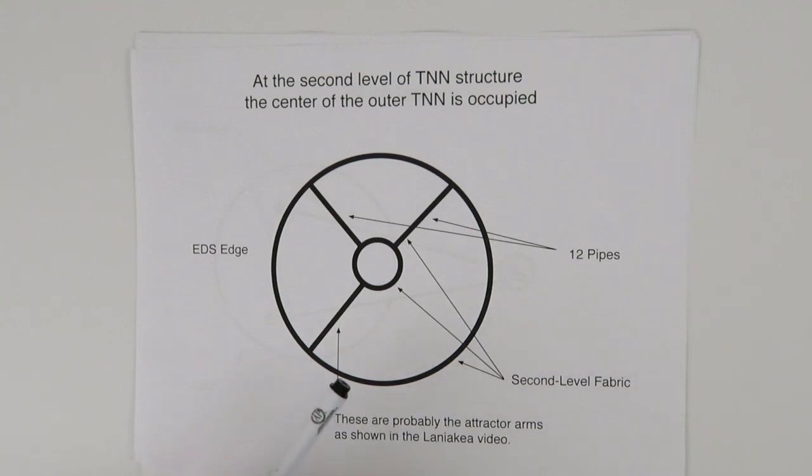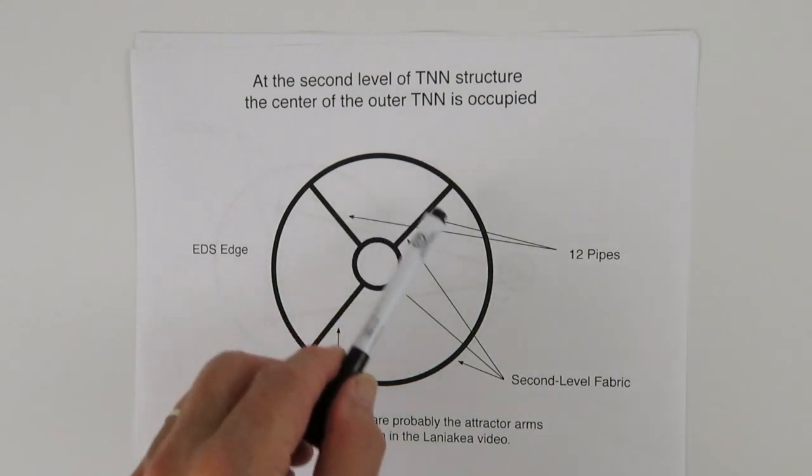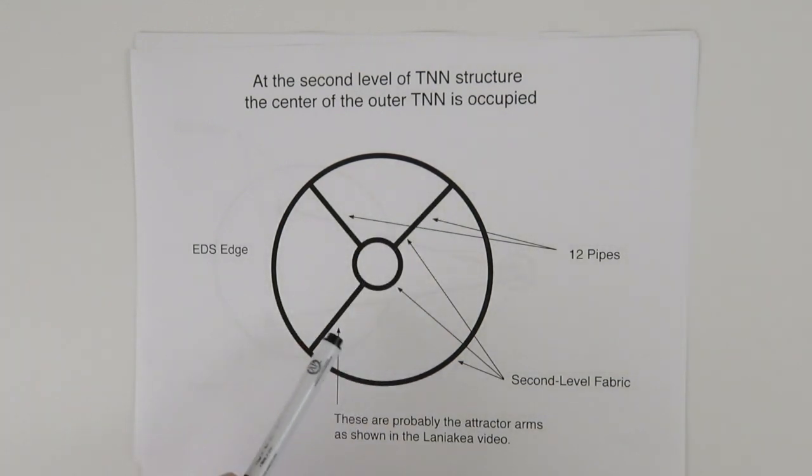The importance of this is that the volume, the central part of the larger structure, is itself filled with structure. And it might very well be that these 12 edges that had formerly been the EDS structural edges now become the attractor arms for the formation of galaxies.